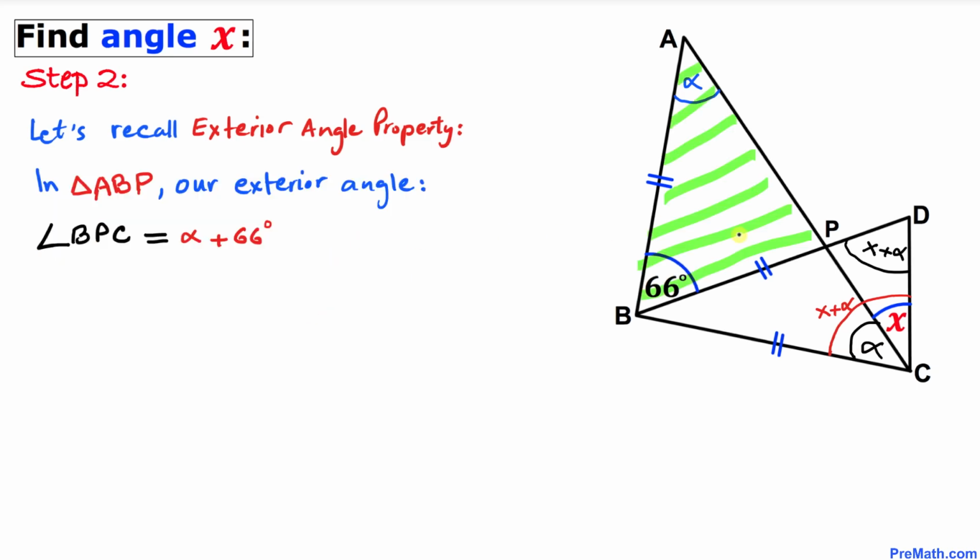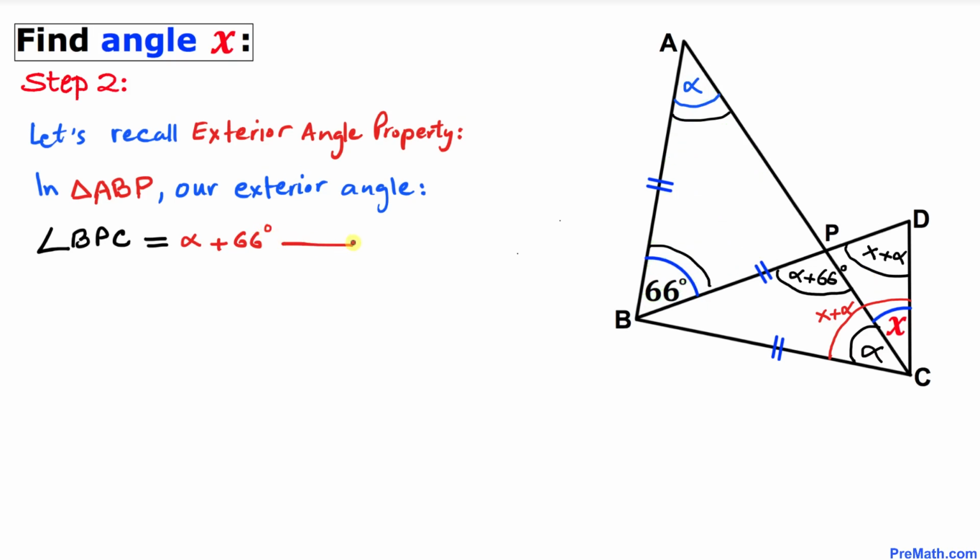Now let's focus on this triangle ABP. This exterior angle is going to be the sum of these two opposite interior angles. So therefore, this angle is going to become alpha plus 66 degrees. Let me call this equation number 1.